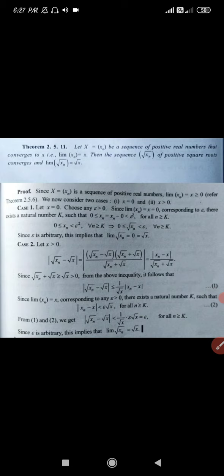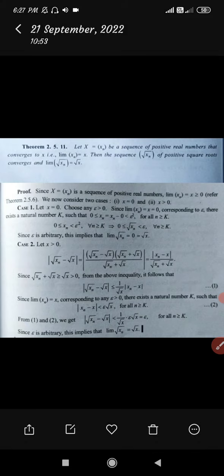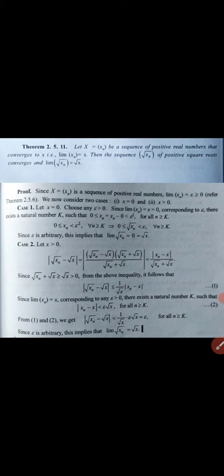Let's see the proof. Since x = (xn) is a sequence of positive real numbers, limit of xn, which is x, would be greater than or equal to 0. We now consider these two cases, that is x equal to 0 and x greater than 0.